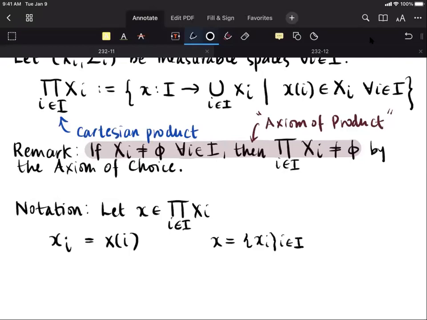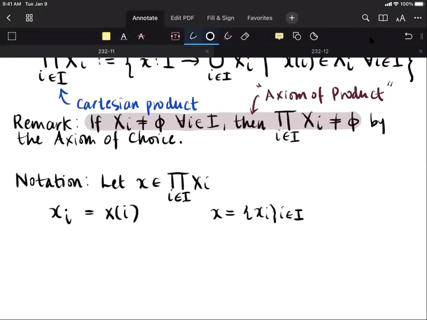So this mimics the notation in terms of sequences. Instead of function evaluation, we use a subscript, where I, for instance, is the set of positive integers. So this will be our notation for functions in the Cartesian product.